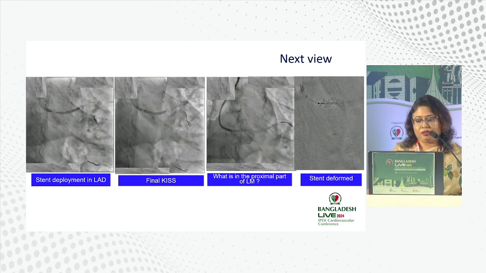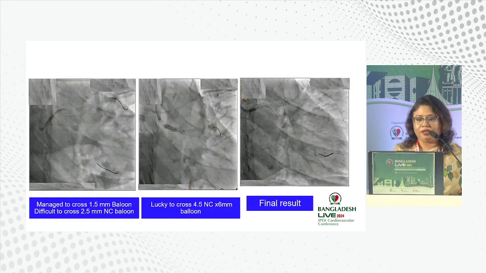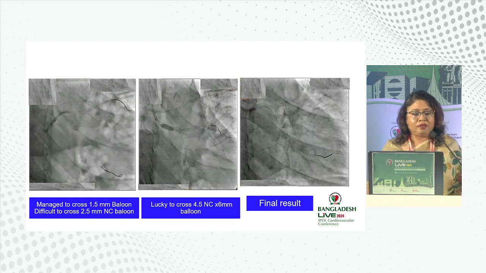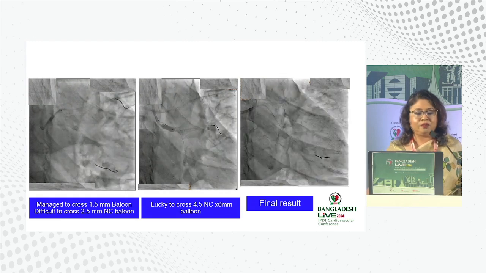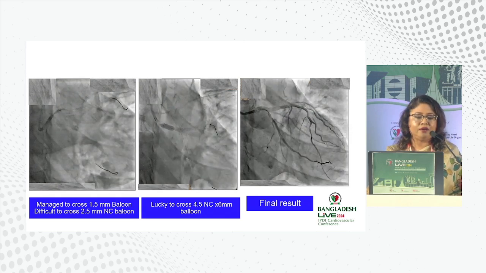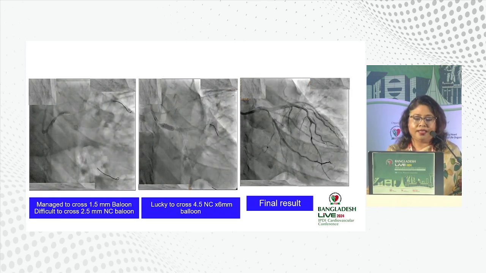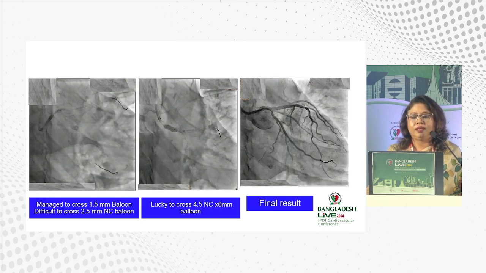On the stent boost, we can see that the proximal part of the stent is deformed. We tried crossing the balloon, but it was unable to cross with 2.5. Then we managed with sequential balloon inflation from 1.5, 2.5. Then luckily we could cross 4.5 and do the POT, and this is the final result.